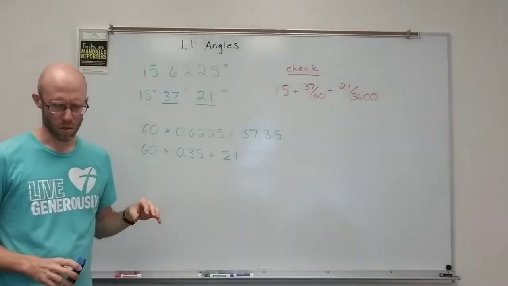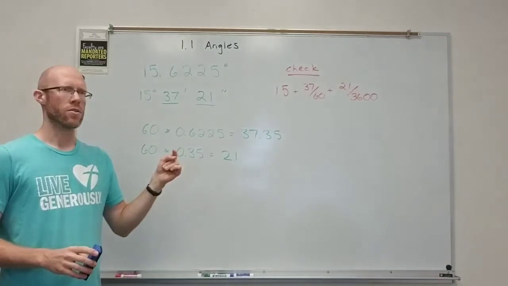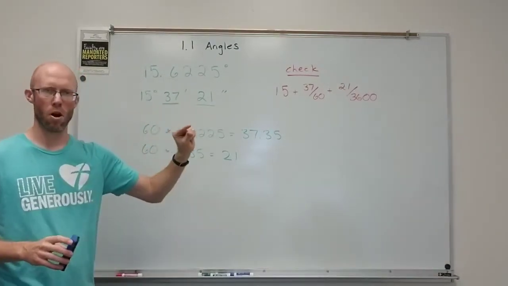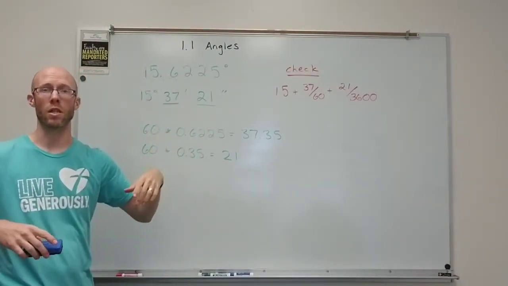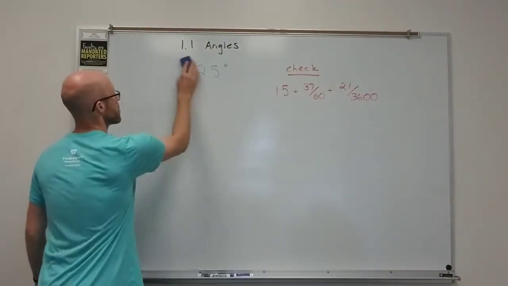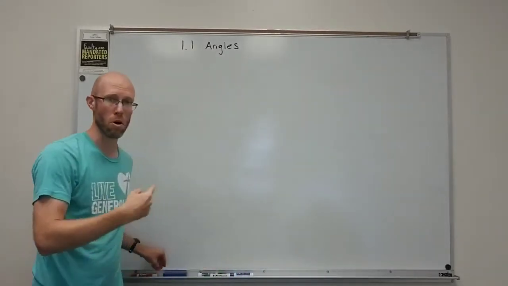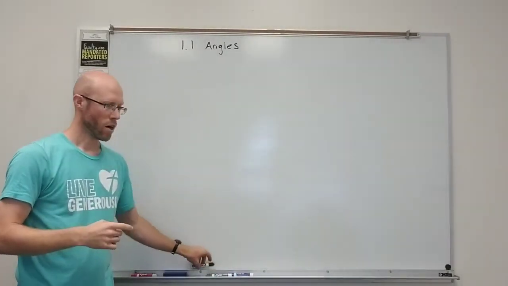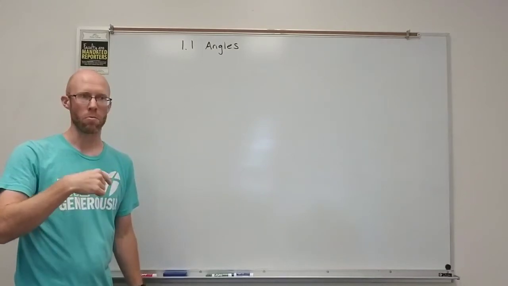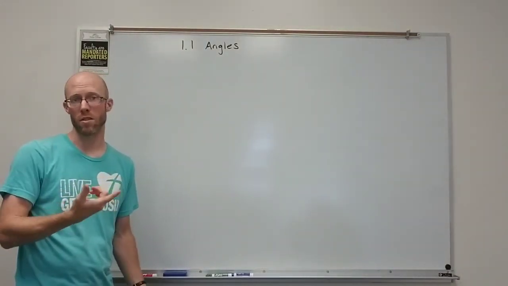Another thing that we're going to talk about with angles is, so we looked at small divisions of angles, but we're also going to look at really large angles. If you can imagine going around a circle multiple times, the number of degrees that you go through is greater than 360.